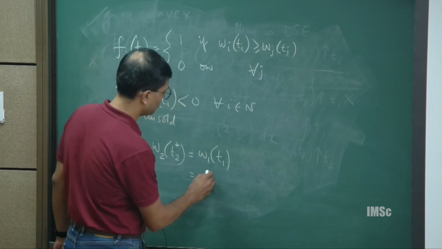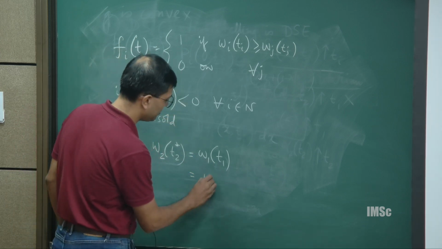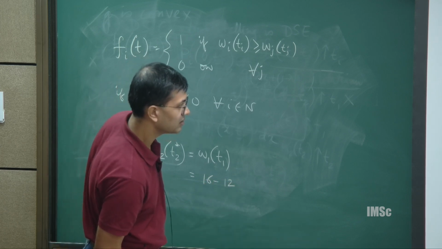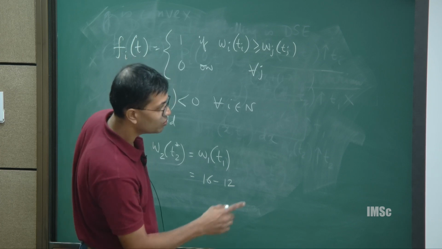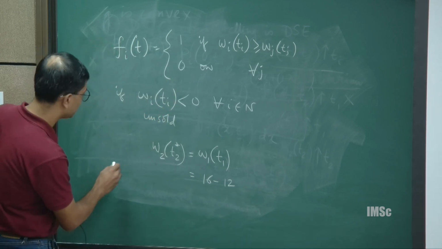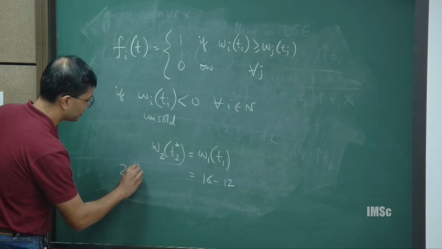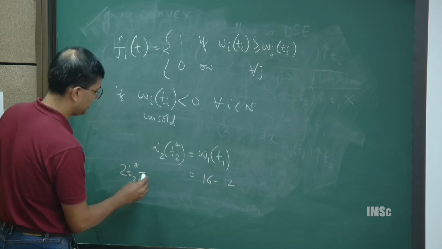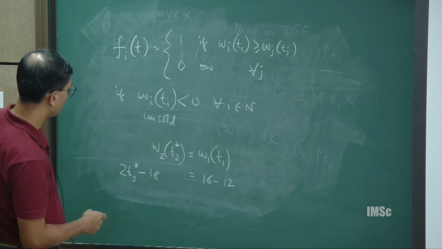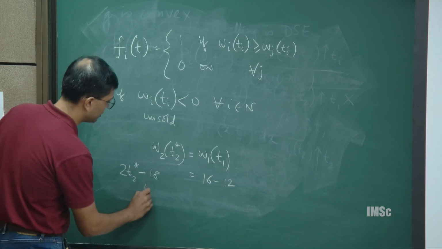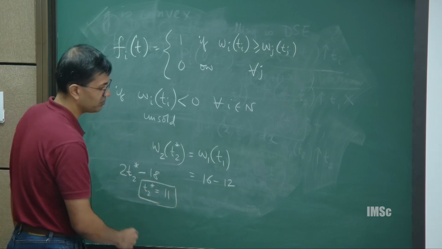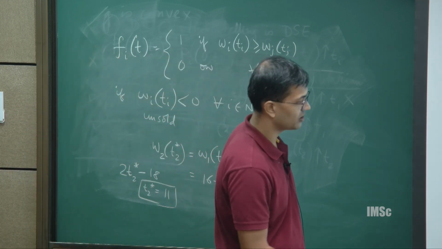So this turns out to be 16 minus 12, right. Sorry, yeah, so 2 times 8. Somebody correct me if I am doing something wrong. So T2 star minus 18, right, is it correct? So 4 and 22, right. Okay, so T2 star will turn out to be 11. So that is the payment that this agent should make. That is how we got that number.